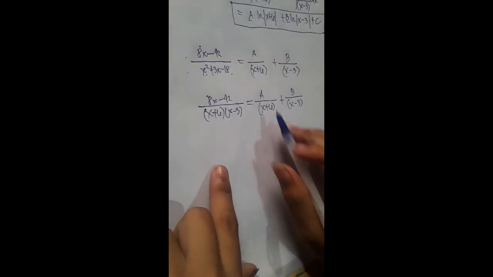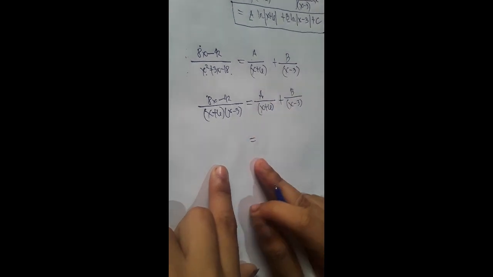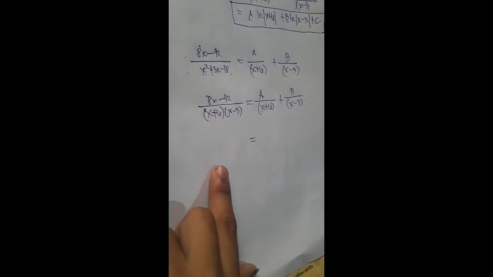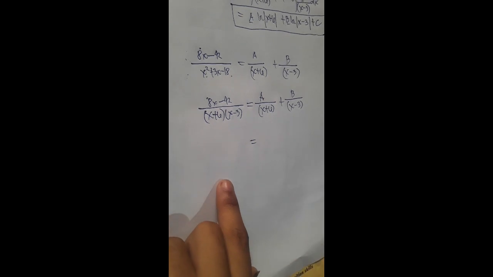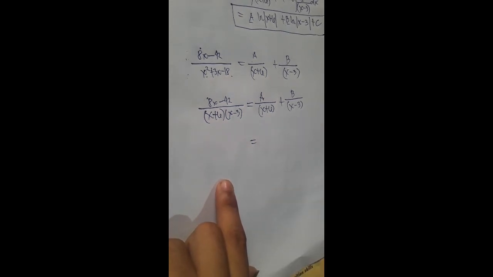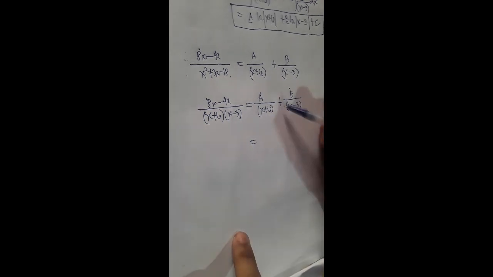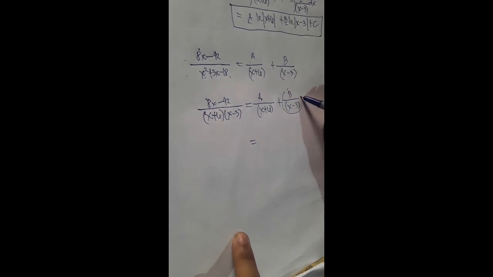And now, we are going to find the value of a. For me, I have a technique that is different from the other techniques. What number of x, if we substitute it, can give us 0, in order to eliminate this part b?